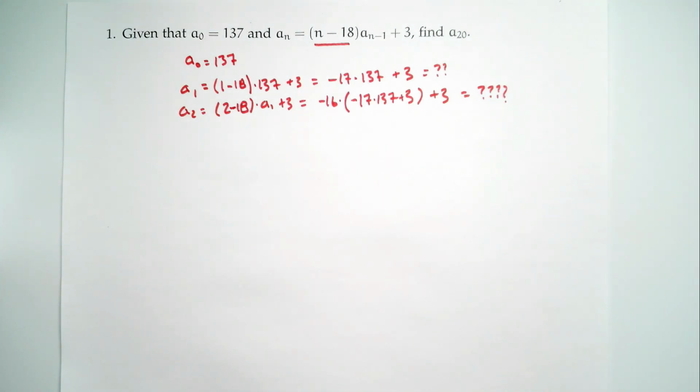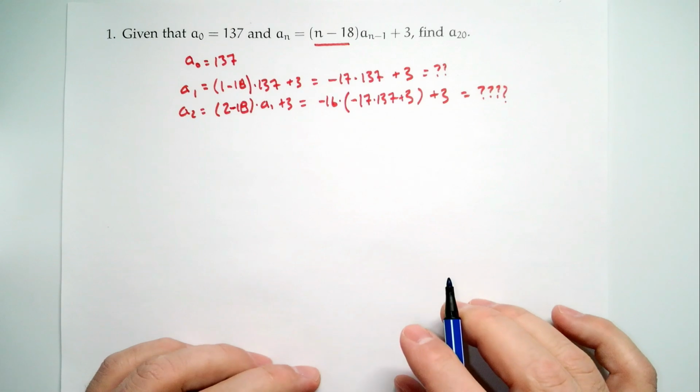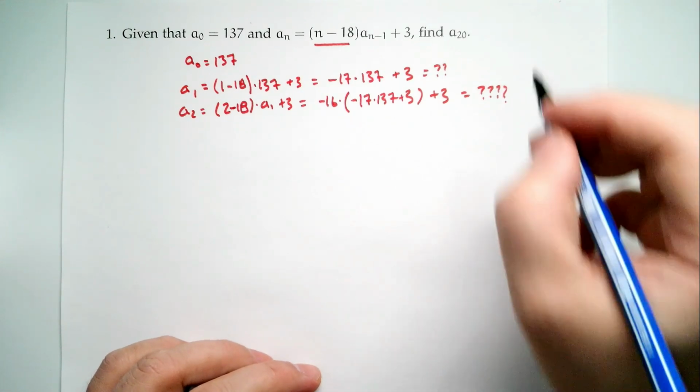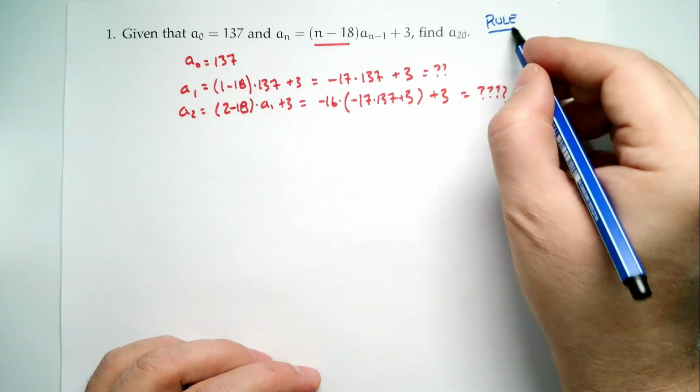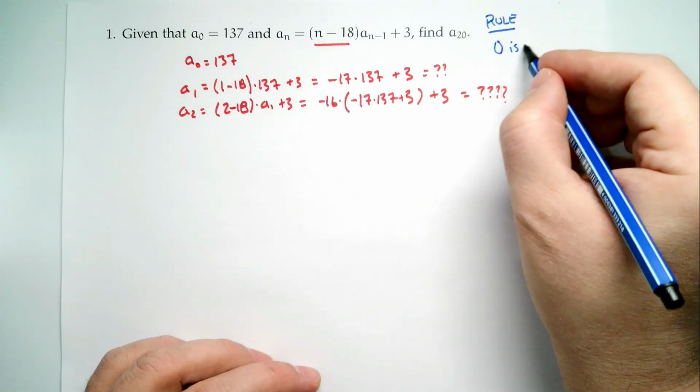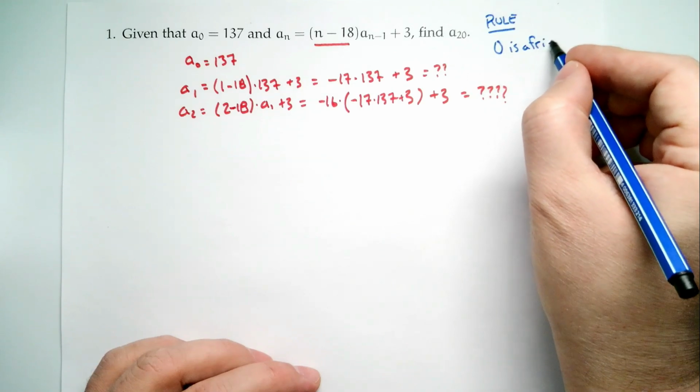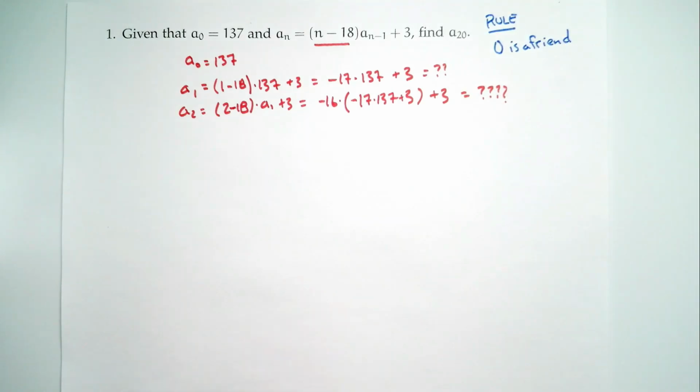Is there a really good time? Now, you might be thinking, what do you mean by a really good time? Remember, there's a very good rule that we always have in the back of our mind. So what's our good rule? Our good rule says 0 is a friend. In other words, we oftentimes think to ourselves, do I have a way to incorporate 0 into my problem to make things easier?